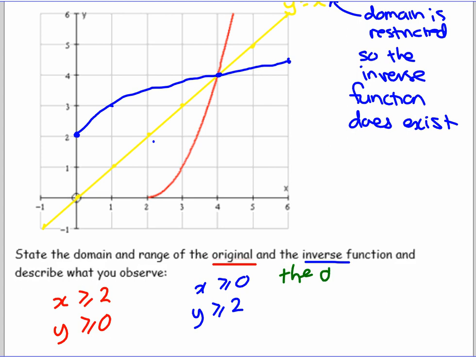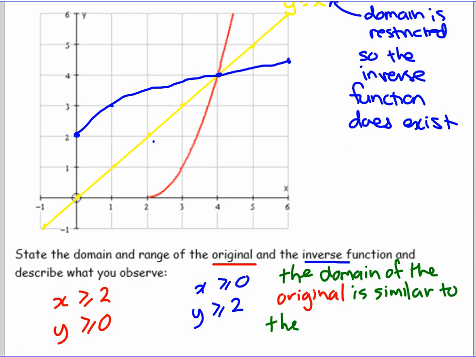So the domain of the original is similar to the range of the inverse.